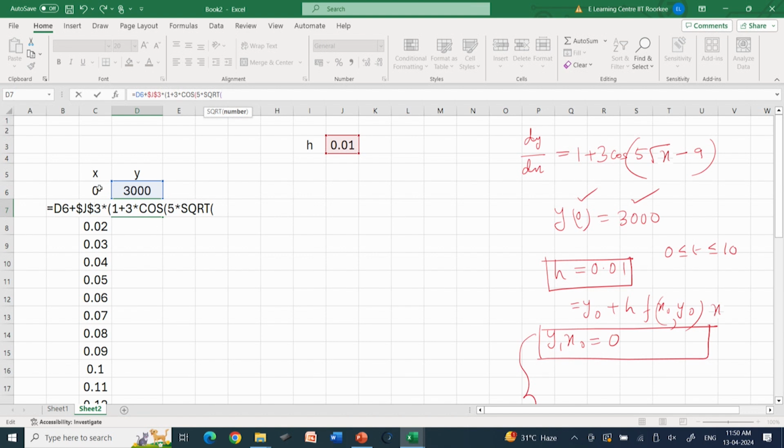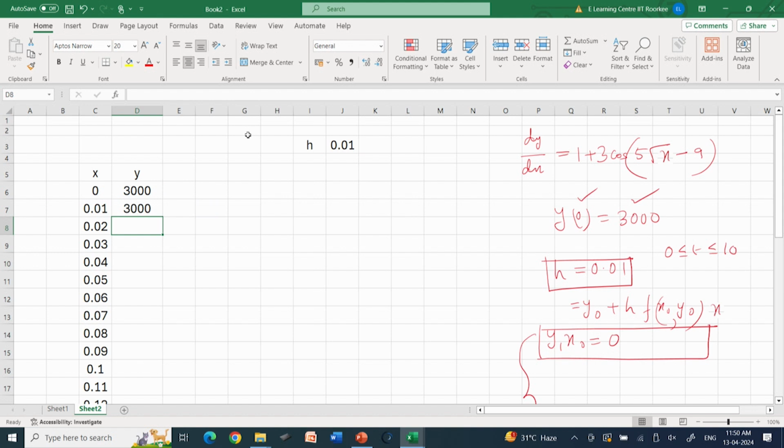So, this is the x value x0 minus 9, and the bracket closes. Let us see, this is the first bracket, this is the cosine bracket, and ultimately the final bracket, and it gives me a number.